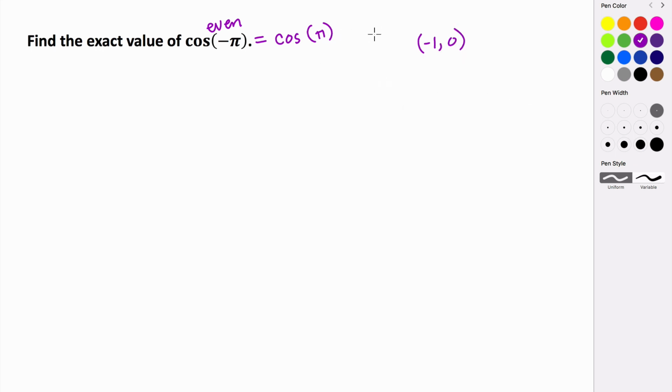It's half of our rotation around the unit circle, and the cosine is the x-coordinate. So the cosine of negative pi is just going to be negative 1, the same as it would be for the cosine at positive pi. And that's how we use the fact that different functions are even and odd to help us evaluate sine, cosine, and tangent of negative angles.